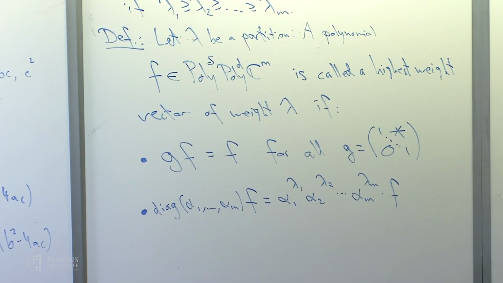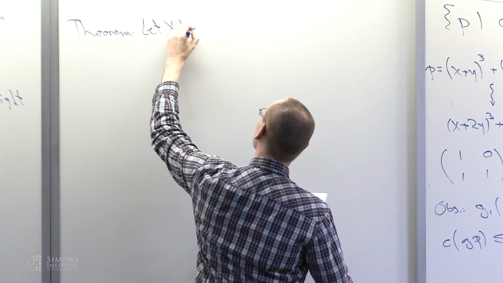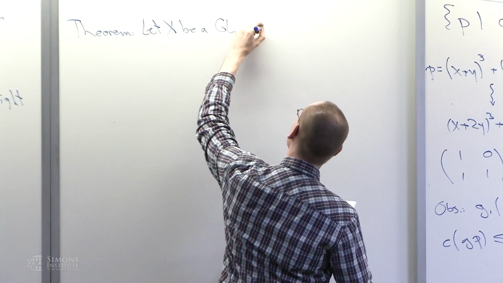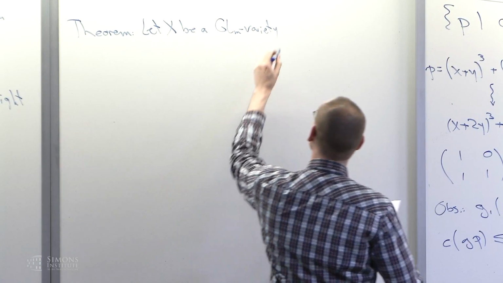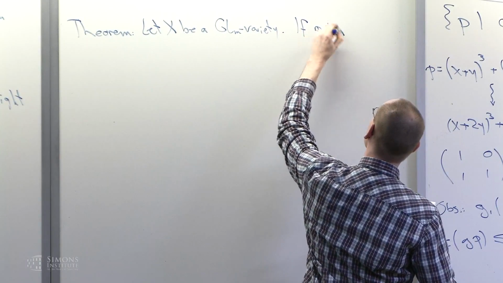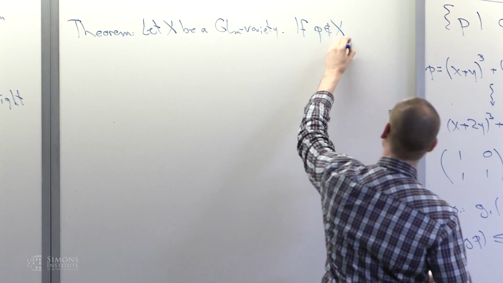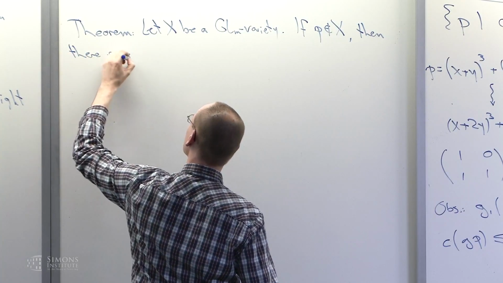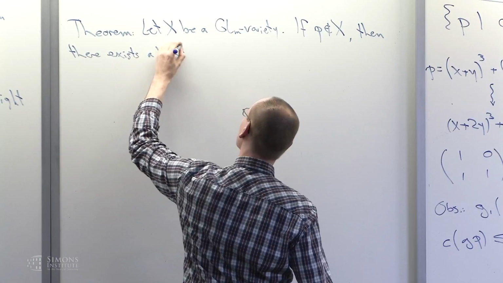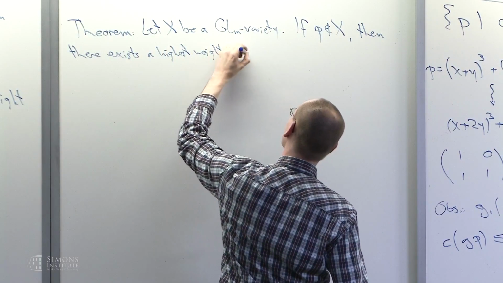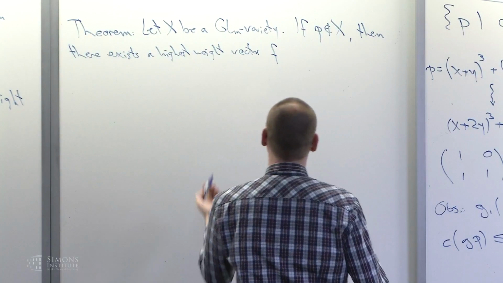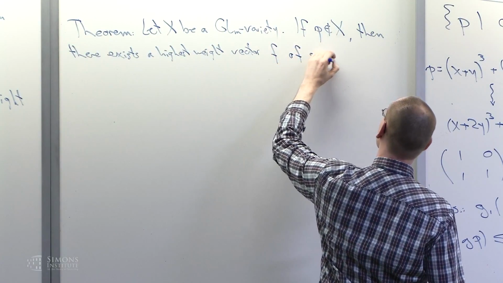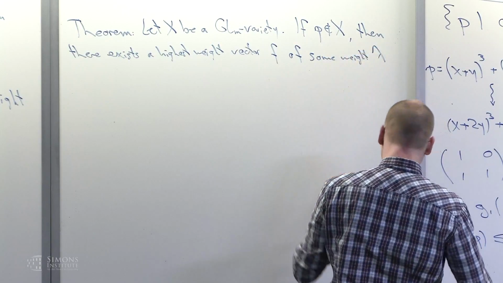Okay, so the theorem says that if you have a GL_m variety and you have a point that's not in the variety, then you will always find a highest weight vector, let's call it f maybe, of some weight lambda, and it will separate.